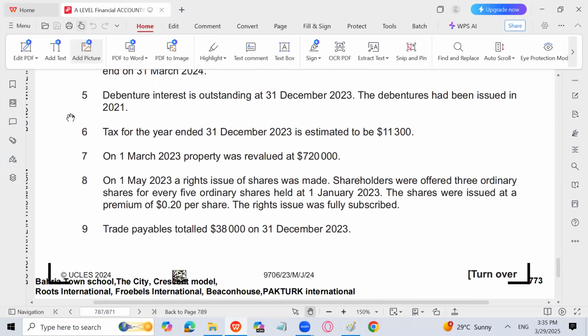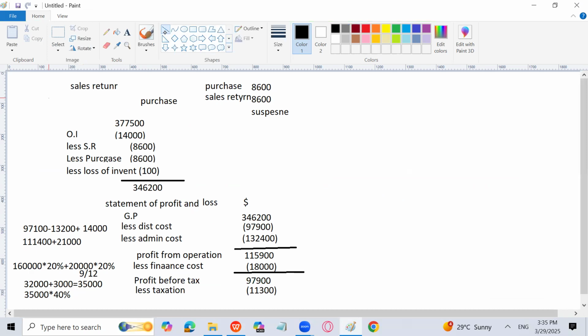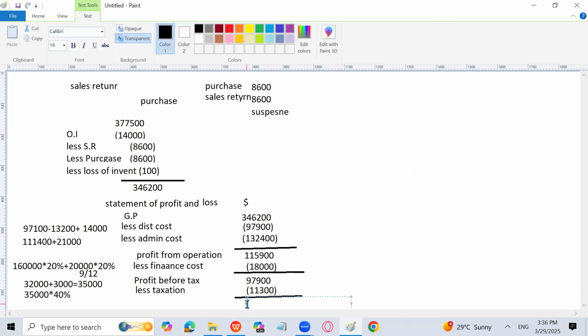So tax for the year is 11,300. I'm going to subtract the tax 11,300 to find the profit for the year, or the profit after tax. You can say that also. So the profit after tax is 86,600. So that's the answer. 86,600 profit for the year. So any problem you can ask me. If anyone has any issue, don't hesitate, you can ask me.